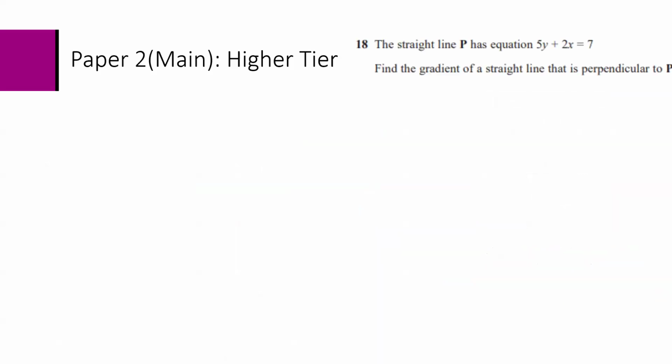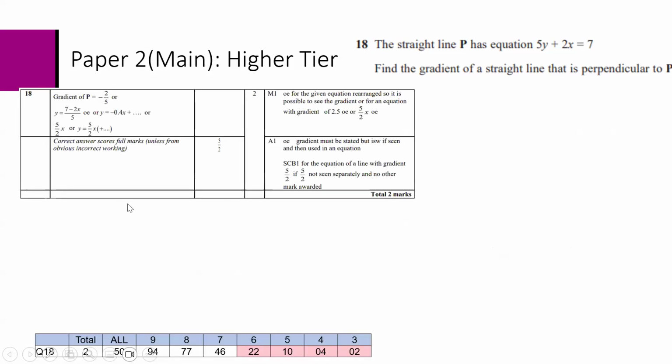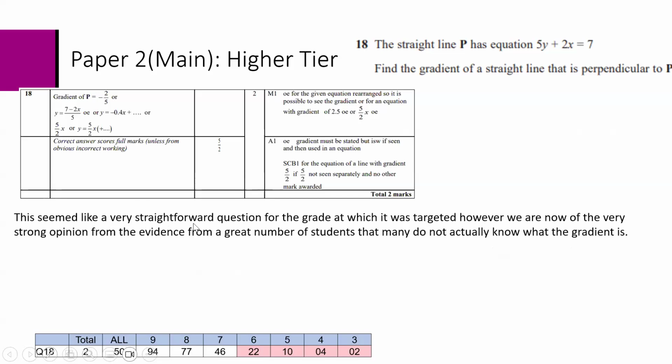Here's a second one. A straight line P has the equation 5y plus 2x equals 7. Find the gradient of the straight line that is perpendicular to P. There is a lot going on in this question. There are some of the performance statistics in terms of the percentages, but the examiners actually said a couple of key things in here. This seemed like a very straightforward question for the grade at which it was targeted.